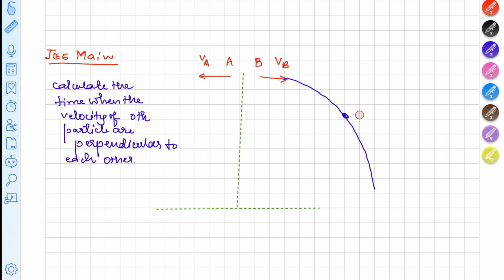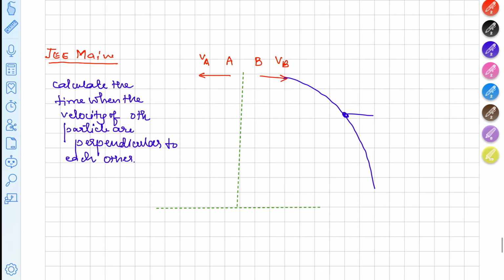Here the velocity is the same, VB in the x direction. We know that in the x direction the velocity doesn't change because the acceleration in the x direction is 0. What about the velocity in the y direction? Vy is equal to Uy plus Ay t.